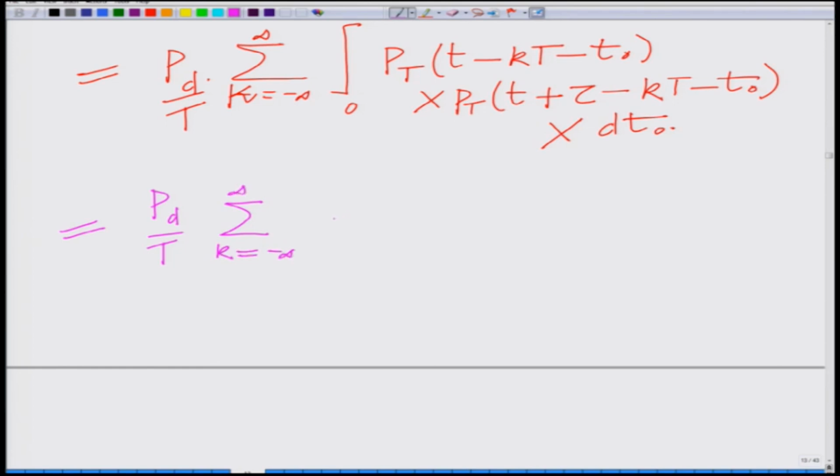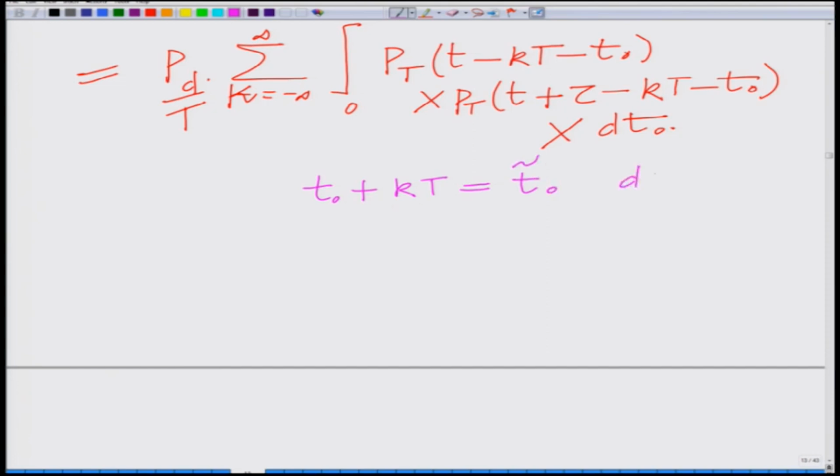Okay. Now, what I am going to do is employ a substitution here, that is, let us employ the substitution T naught plus kt equals T naught tilde.